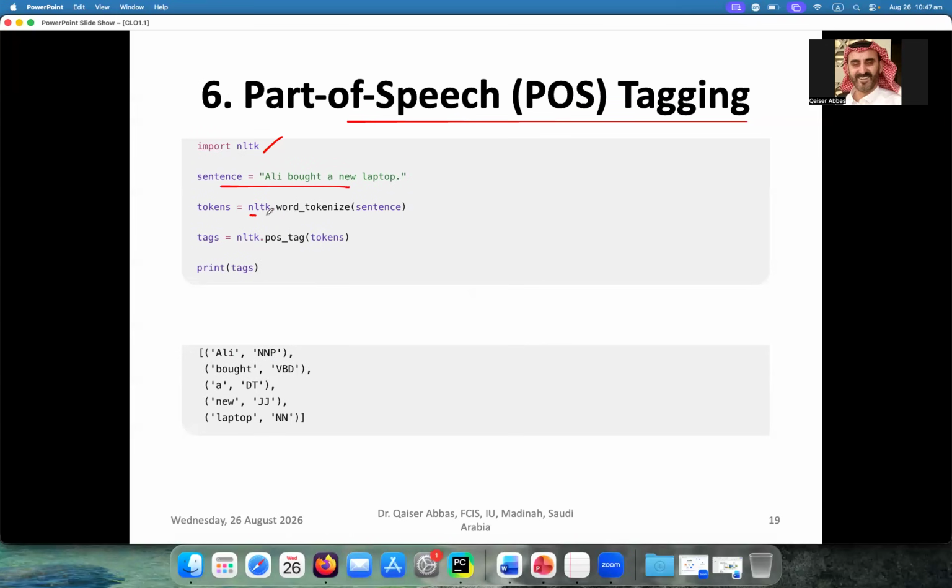Then nltk.word_tokenize. The word tokenizer is available in NLTK, we already used it in a previous exercise, I think. We are passing this sentence, and this tokenizer will split the words in the sentence, and all the words will be stored in this array. We are calling it tokens.